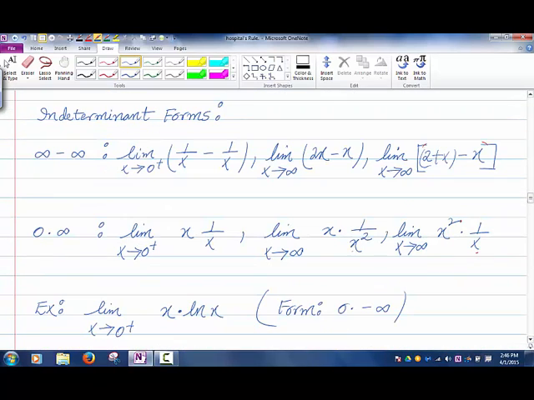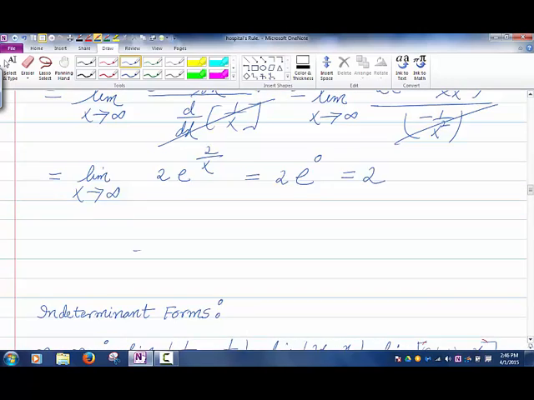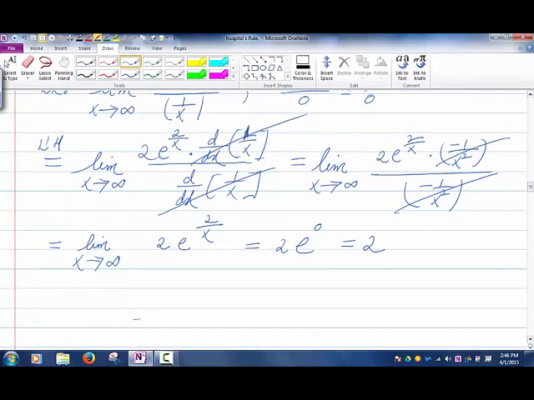Other indeterminate forms, and I'm coming back to that. If you take the derivative of 1 over x, which one are you talking about? If I take the derivative of 1 over x on the right side, I get this, right?